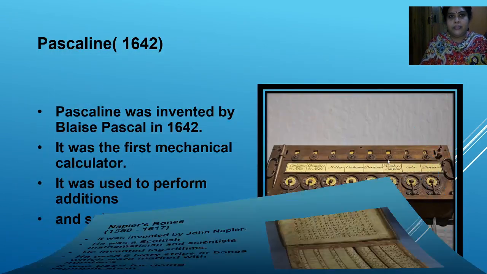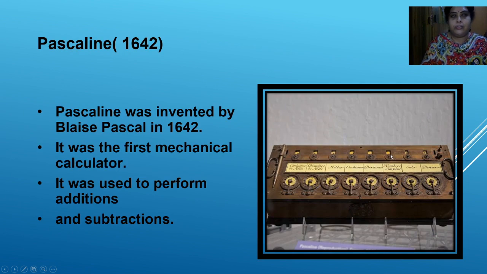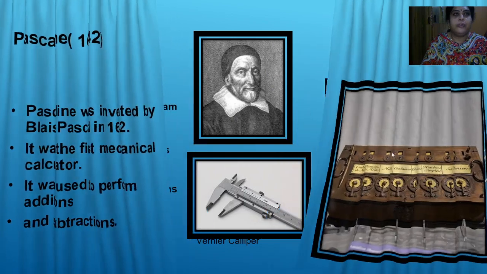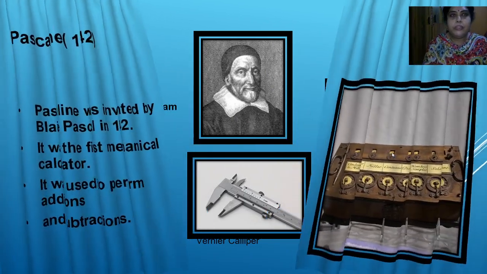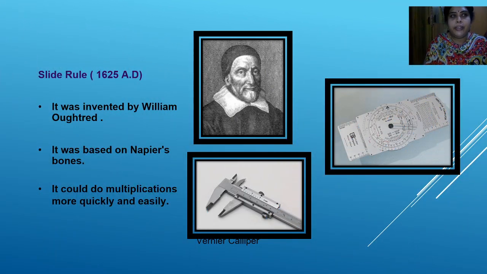The next important development was actually made by another person by the name William Oughtred. It was also based on Napier's bones, so it could do multiplications more quickly and easily. And he invented the slide rule.